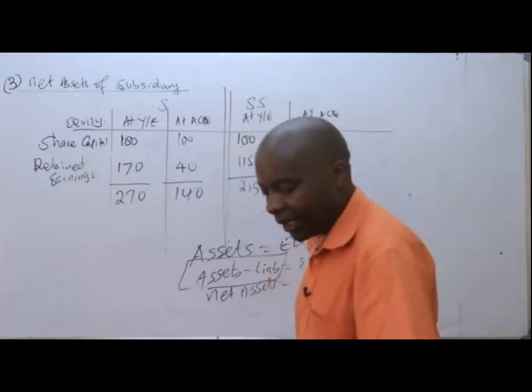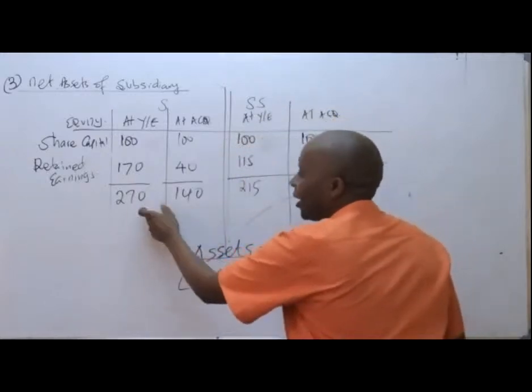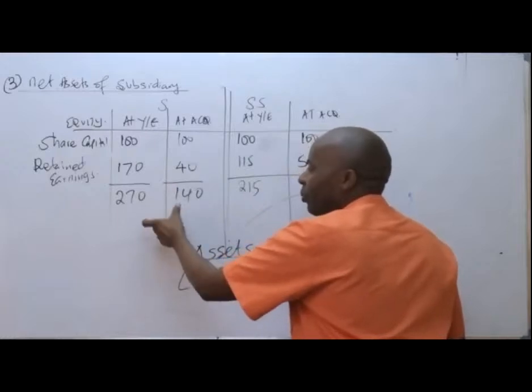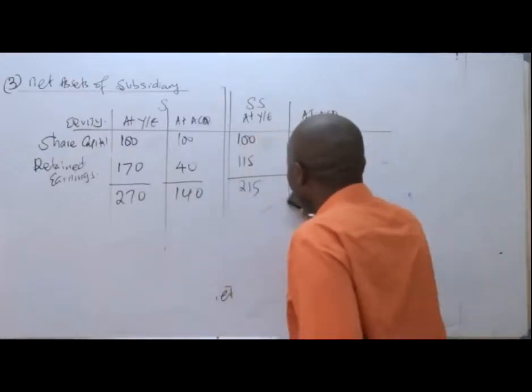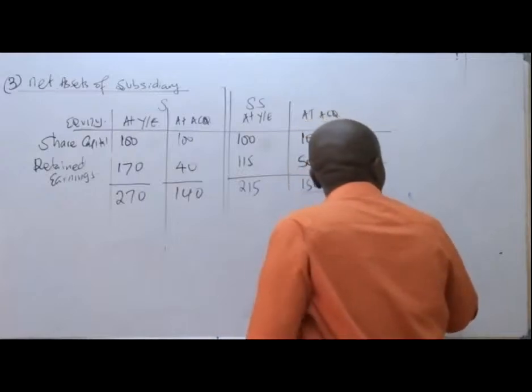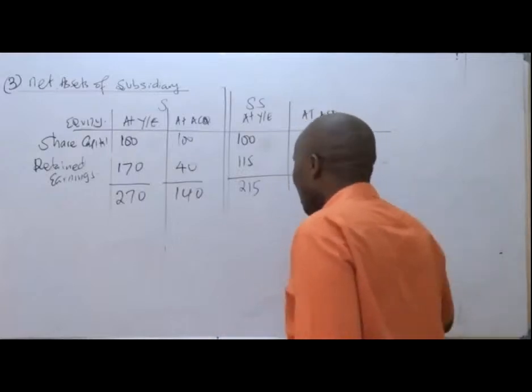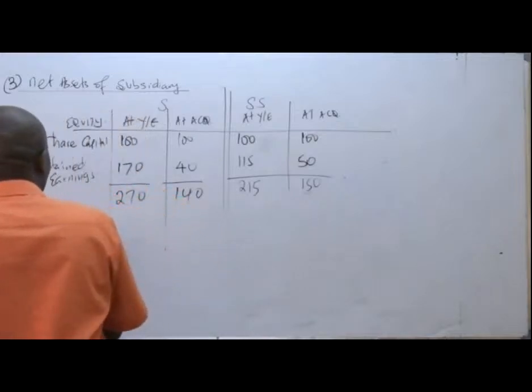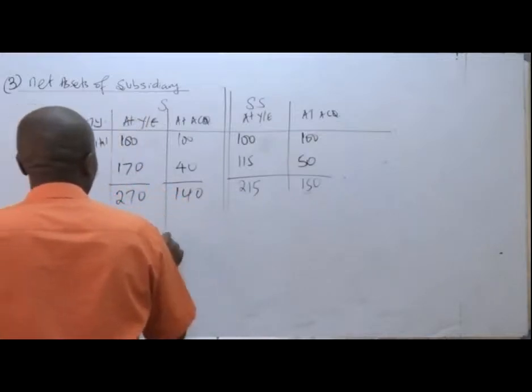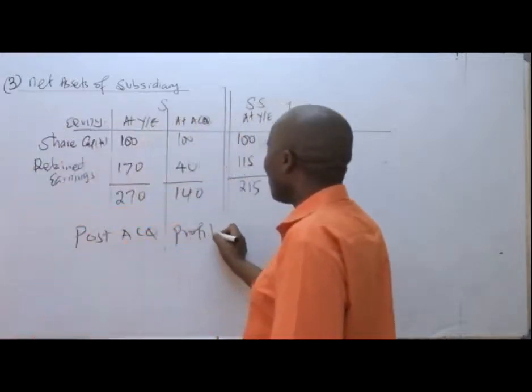Now, ladies and gentlemen, listen. Come here and give us the growth. The growth in your equity is what we call the post-acquisition profit. So come here and give us the post-acquisition profit.